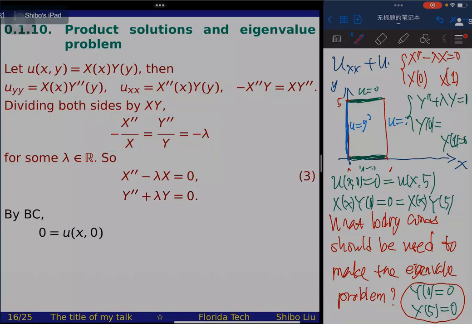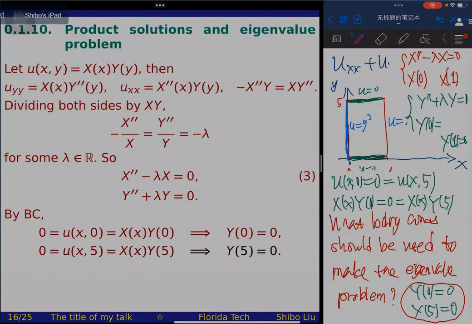Therefore, using the boundary condition, when y equals 0, X(y) at 0 is 0. Then this forces Y(0) to be 0, as I just mentioned. Similarly, at the endpoint y equals phi, this also forces Y(phi) to be 0.